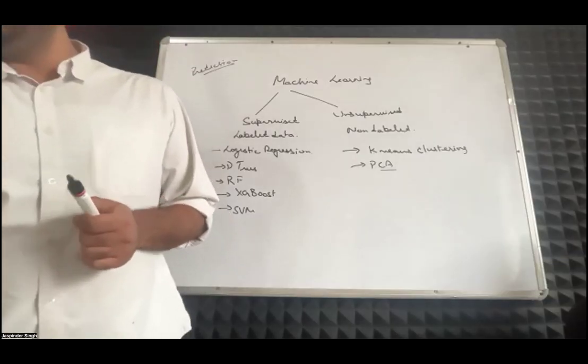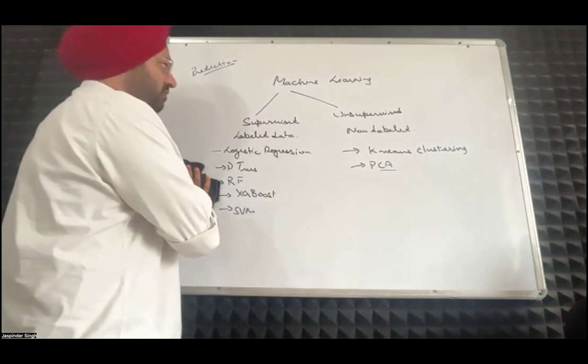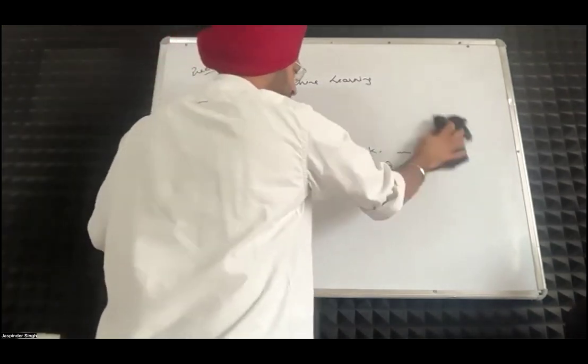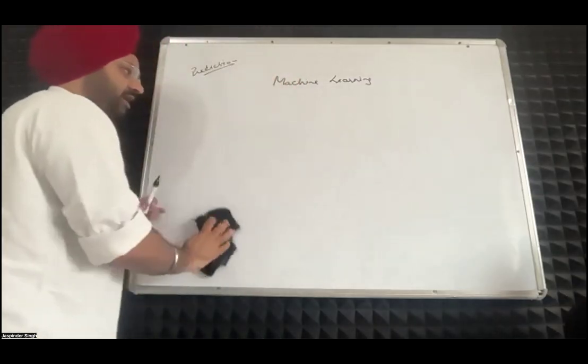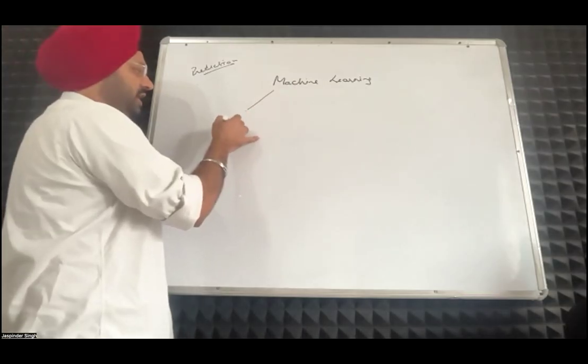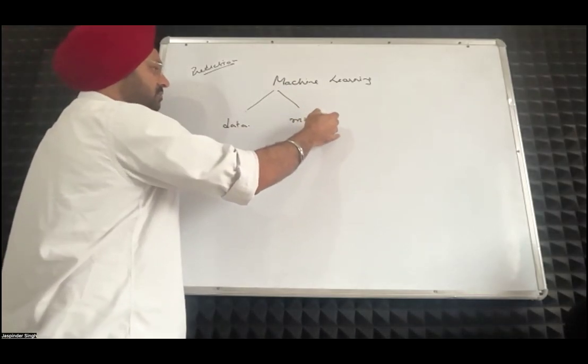Another mental model of machine learning is that whenever we are going about a machine learning model, we will be having three things. We will be having data. We will be having the actual model.